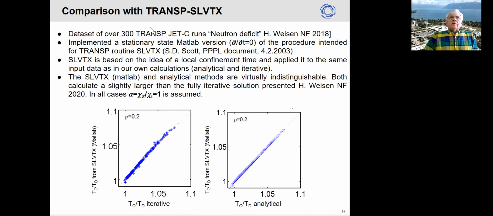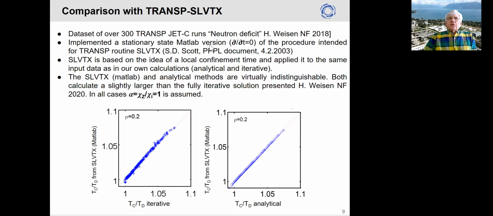There is a similar approach in TRANSP that is incorporated in a routine called SLVTX. We have a data set of over 300 TRANSP JET carbon runs that was done for a so-called neutron deficit study, which is published in the Nuclear Fusion paper in 2018.